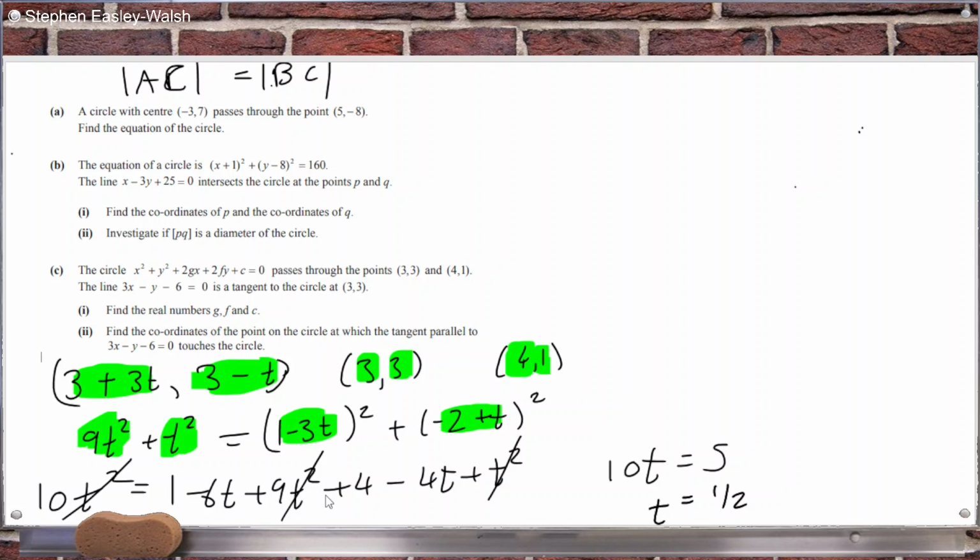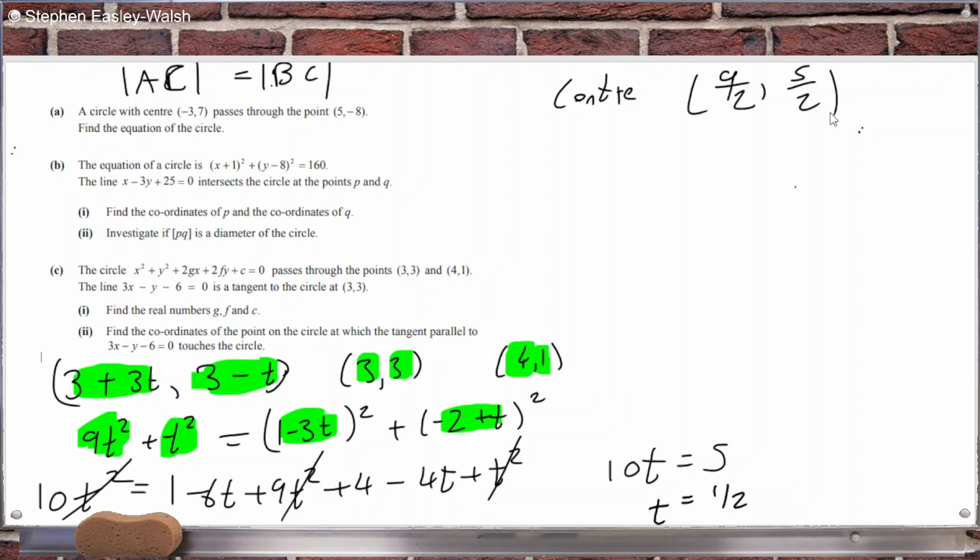So the center is at 3 plus 3 over 2, which is 9 over 2, and then 3 minus 1 over 2, which is 5 over 2. Let's just double check that. 3 plus 1.5, yeah, 9 over 2. 3 minus 0.5, yeah, 5 over 2.